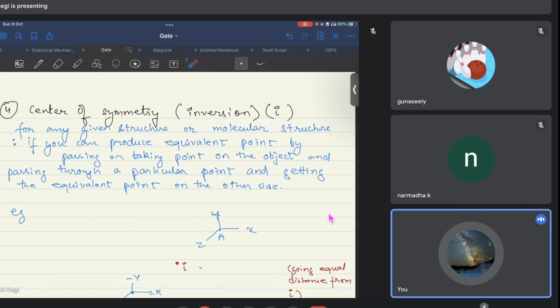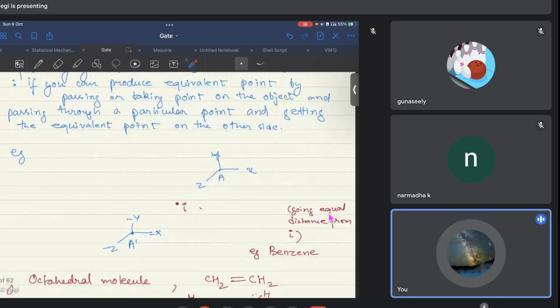This is a little bit confusing, so I will make you understand through this example. Take this point A, which has some Cartesian coordinates x, y, and z. There is another point A prime whose Cartesian coordinates are equal in magnitude but negative, so it is minus x, minus y, minus z.